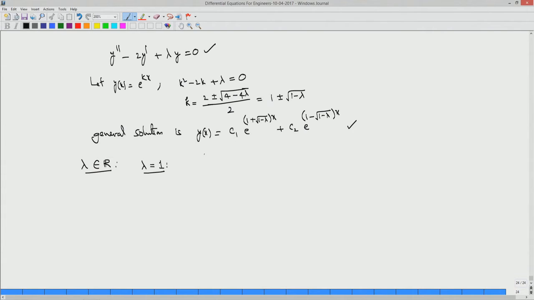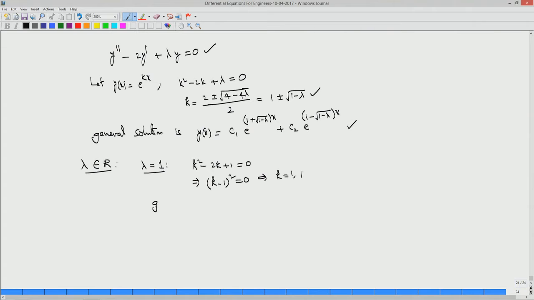So if you put λ equal to 1, what's your general solution? What happens to your roots? If λ equals 1, you get k² − 2k + 1 = 0, so (k − 1)² = 0. That gives k is 1 and 1, so you have repeated roots.